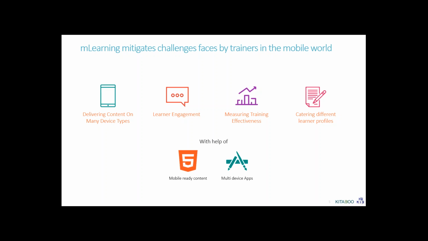So all in all, a mobile learning platform mitigates all the challenges that an L&D head or training manager faces today, and obviously gives them avenues to track consumption of their content while being able to engage learners at a personal level and cover all devices and platforms.